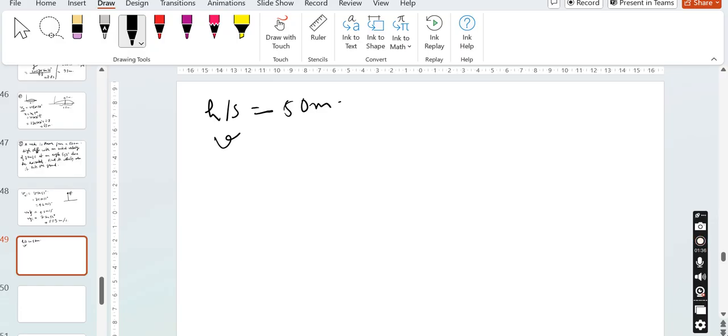The velocity was v and the angle was 53 degrees.